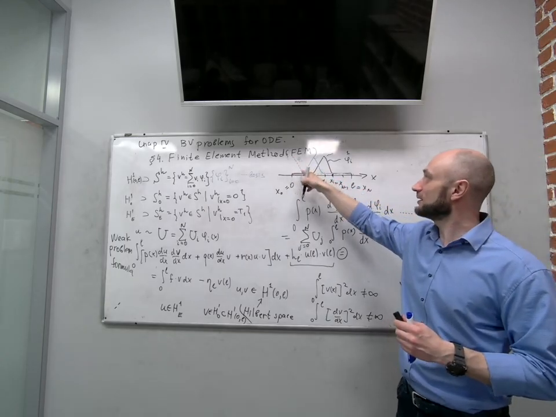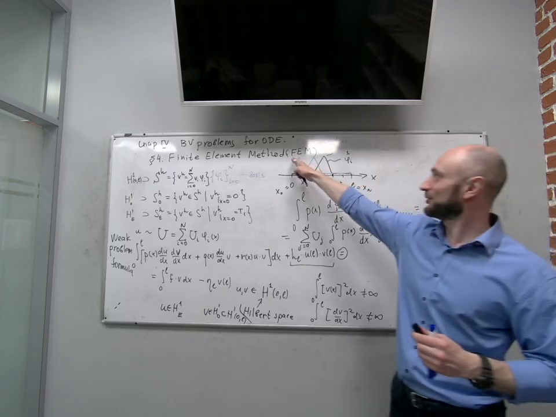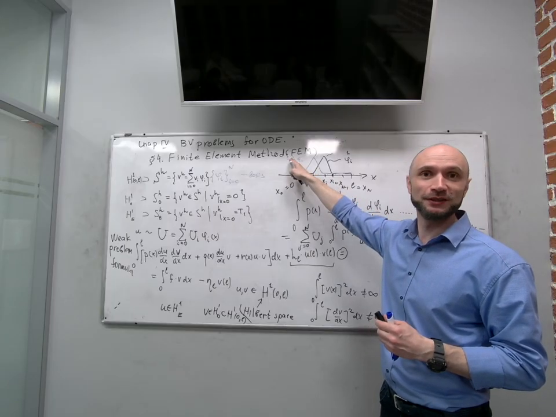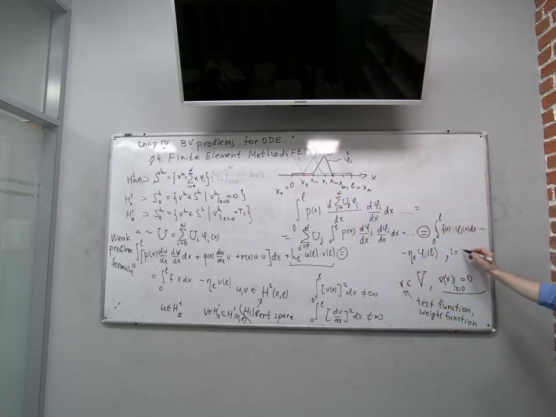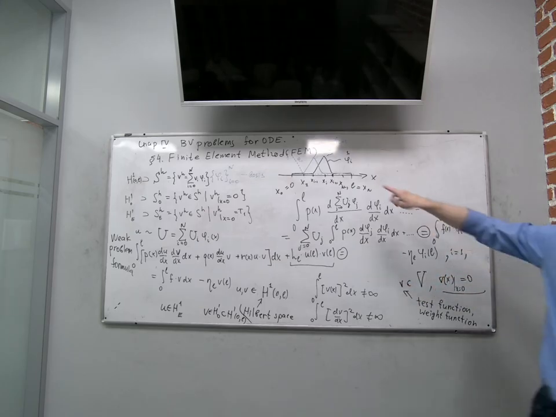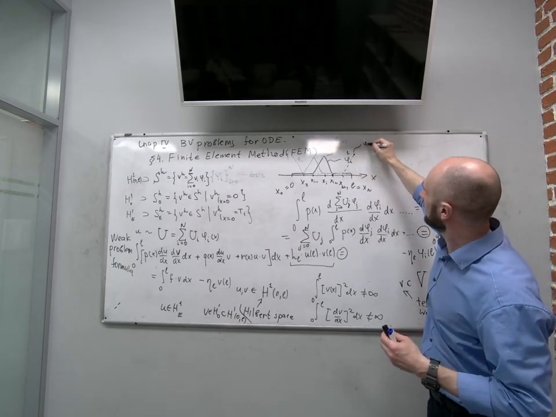Function phi 0 does not satisfy this requirement. You see? It is not equal to 0 at this end. So it shouldn't be taken as the test function. That's why we start from 1, and let's discuss the same thing about the last function, phi n.